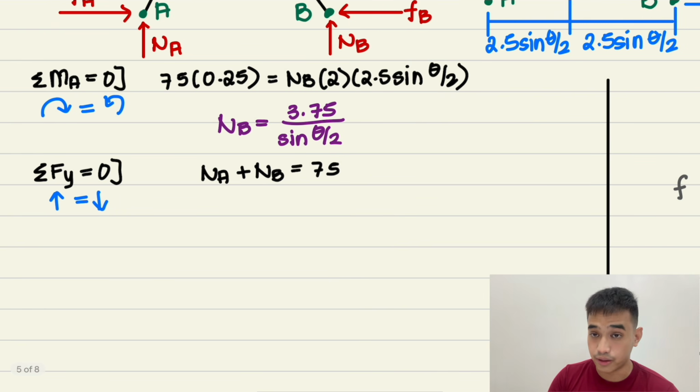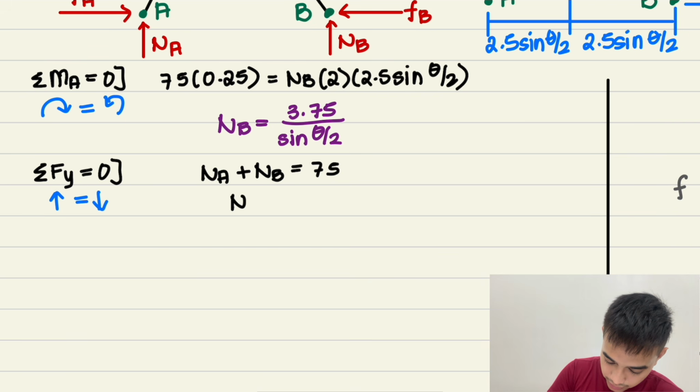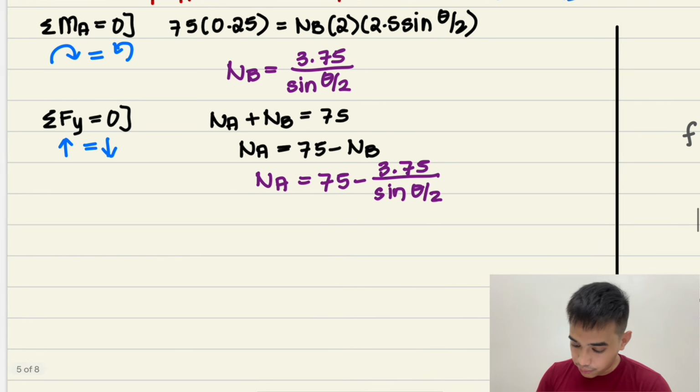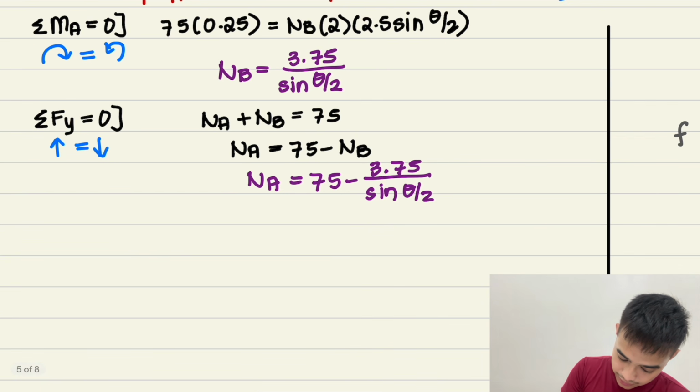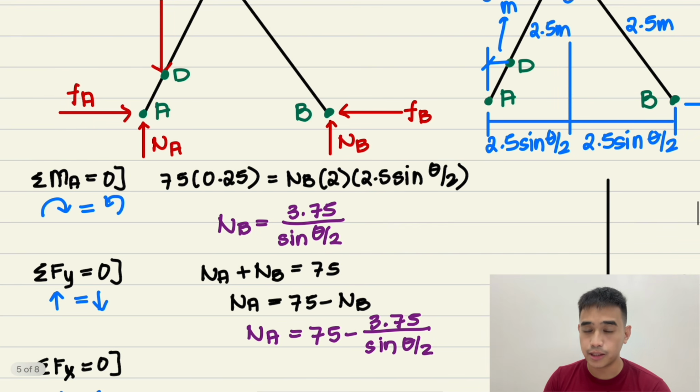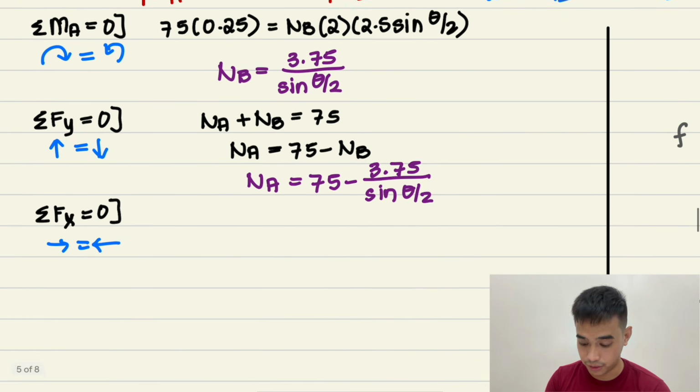We already have our function for NB, so for NA, it will become this, just substituting what we've already solved earlier. There we go. Now for our summation of forces along the x-axis, or our horizontal forces, we can see here that only the friction forces are our horizontal forces.